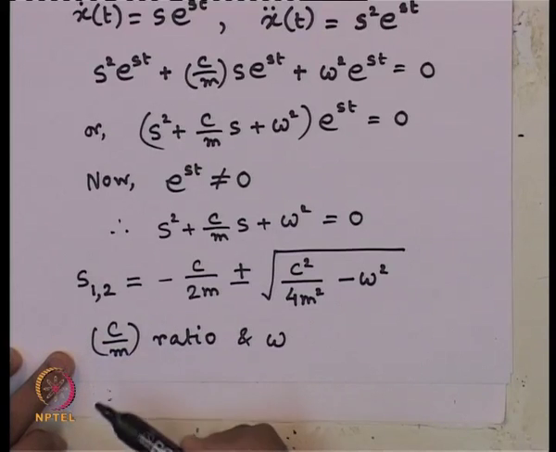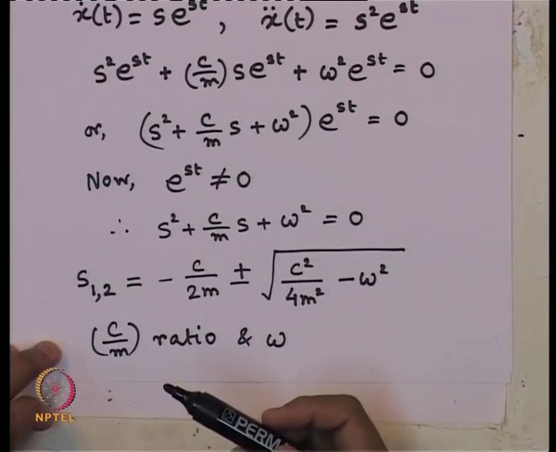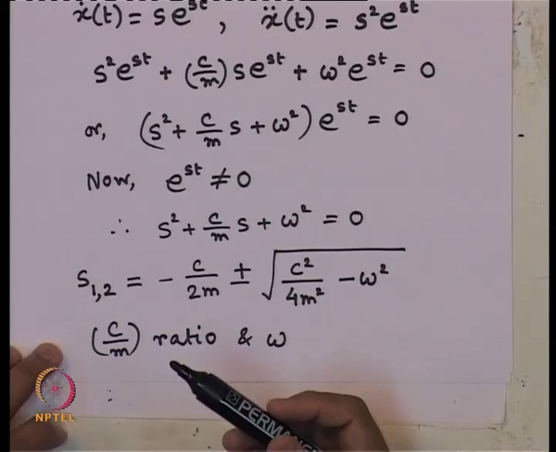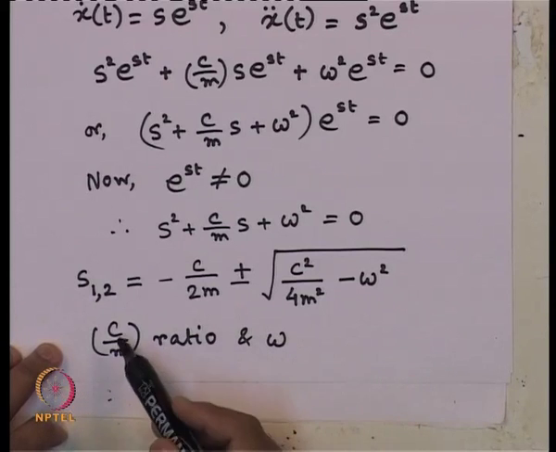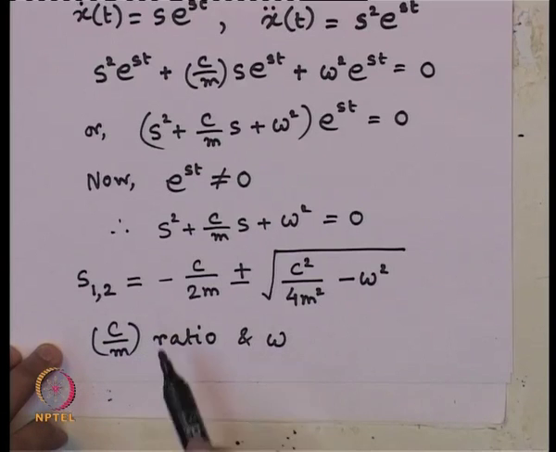So, when for any design purpose we are going to select how a system is going to behave, we have to emphasize the ratio of the chosen c by m rather than just changing one variable c or one variable m.